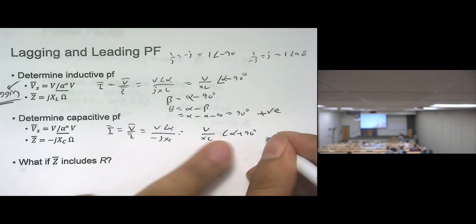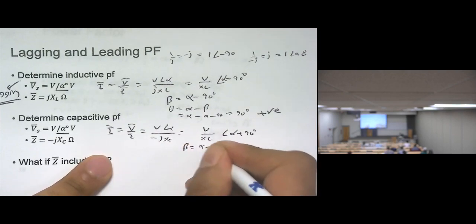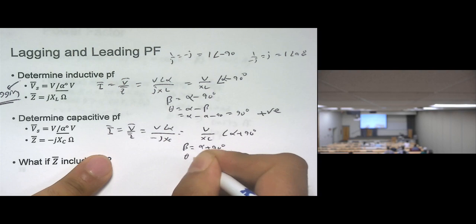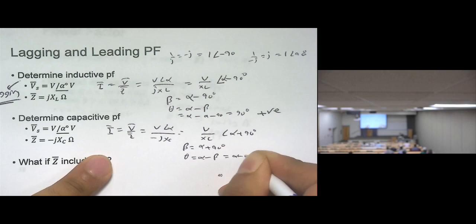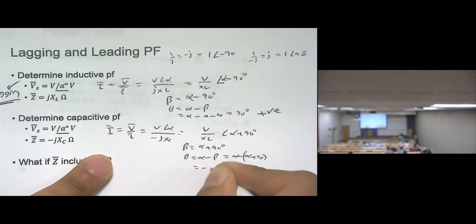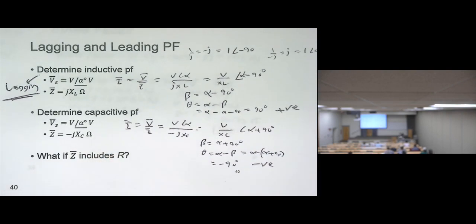So we can say beta equals alpha plus 90 degrees. Therefore, theta will be alpha minus beta, which will be alpha minus alpha minus 90 degrees, and the negative sign will be on the 90. So it will be negative 90 degrees, which means negative. So the capacitor will be what? Leading.